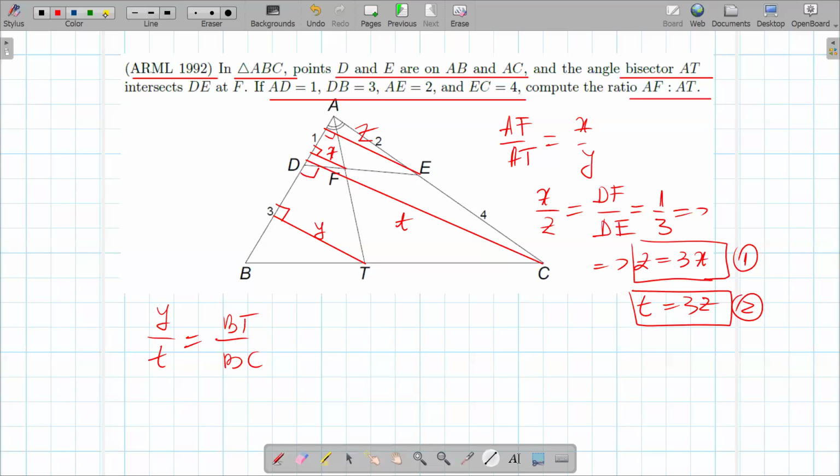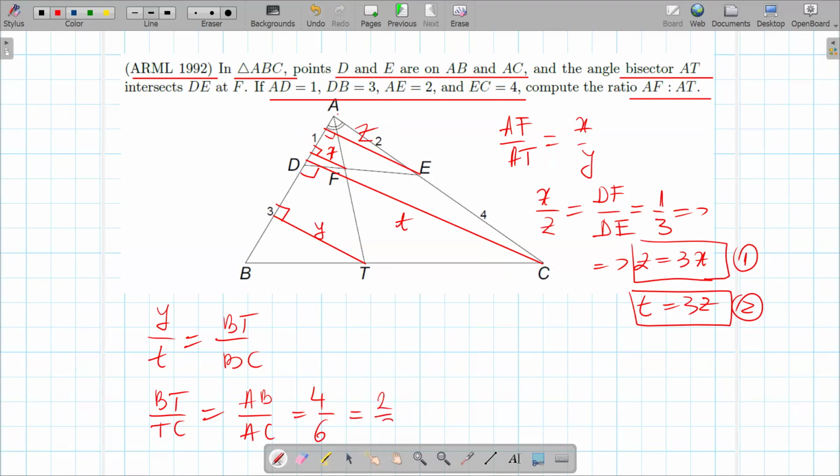Well, how do we know BT over BC? Well, we don't know it yet, but we do have AT, no? AT is the angle bisector in triangle ABC. So if we write the bisector theorem, BT over TC is equal to AB over AC, no? Well, AB is 1 plus 3, so that's 4, over AC is actually 2 plus 4, so that's 6.